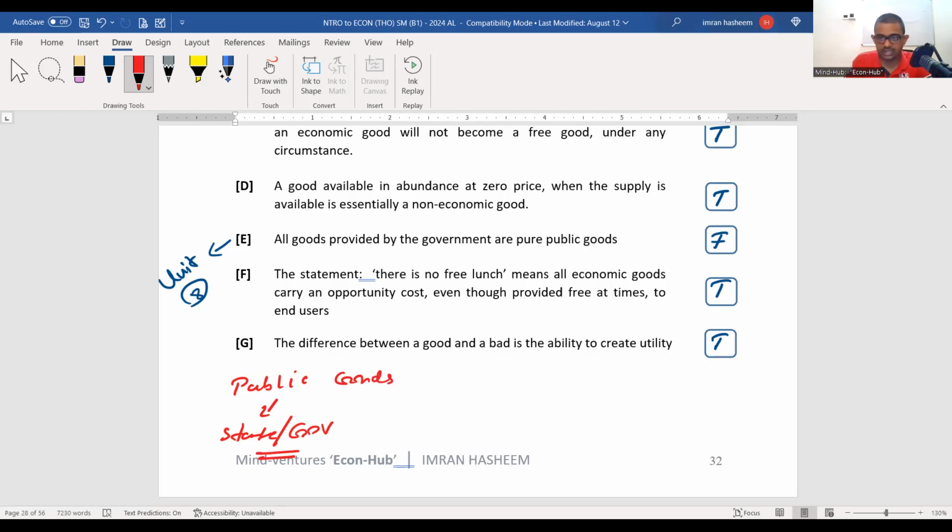No, in economics, that is not the definition. That's the key. In economics, if something is to be a public good, there are 2 conditions. One, it has to be non-rival. We use this word actually, right? And number 2, it has to be non-excludable. Non-excludable.